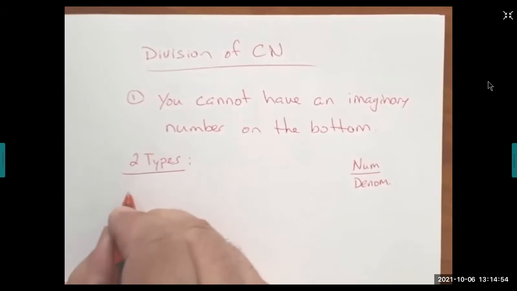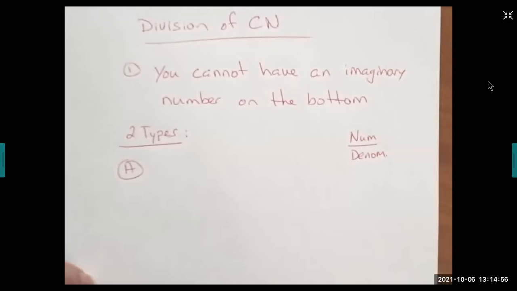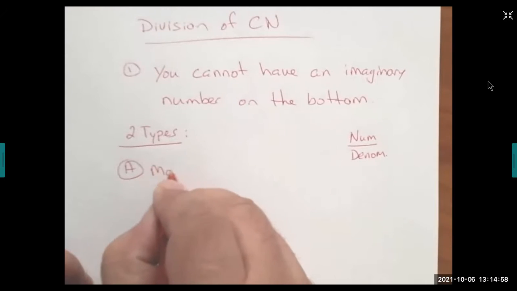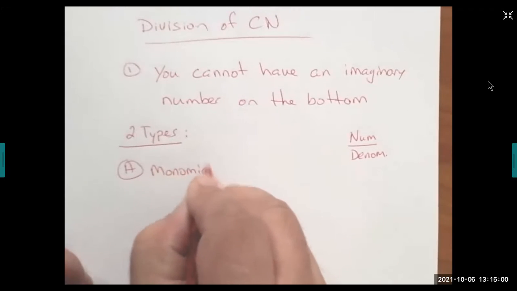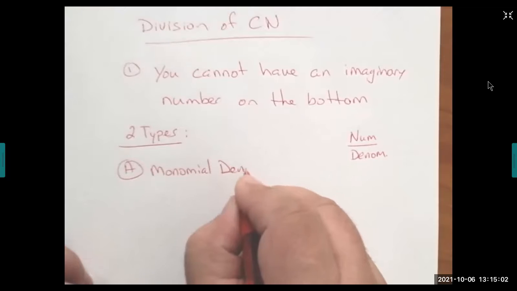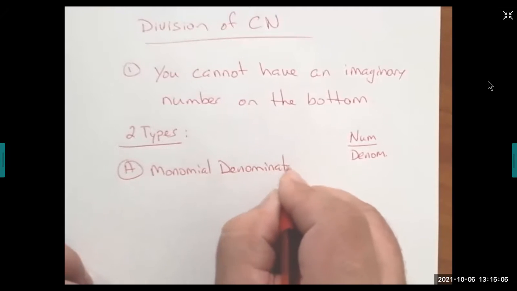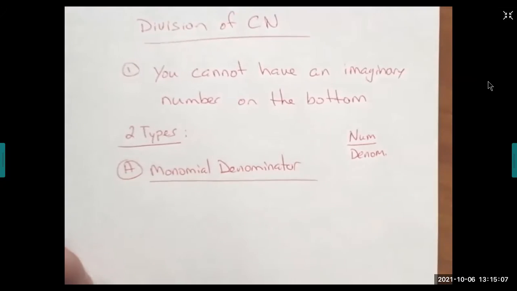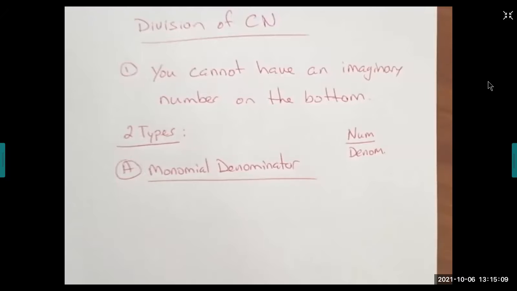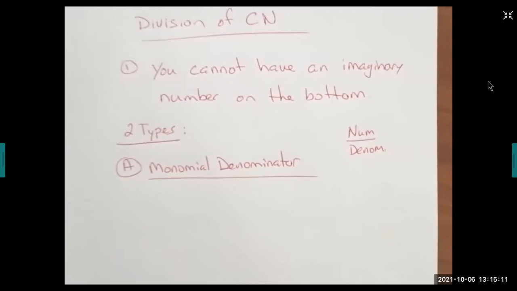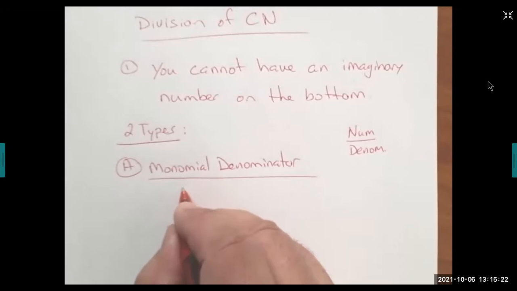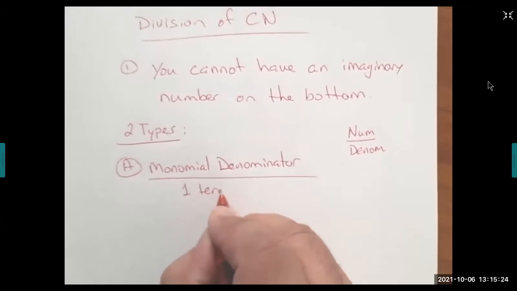So the first type deals with a monomial denominator that's imaginary. Monomial means one term.